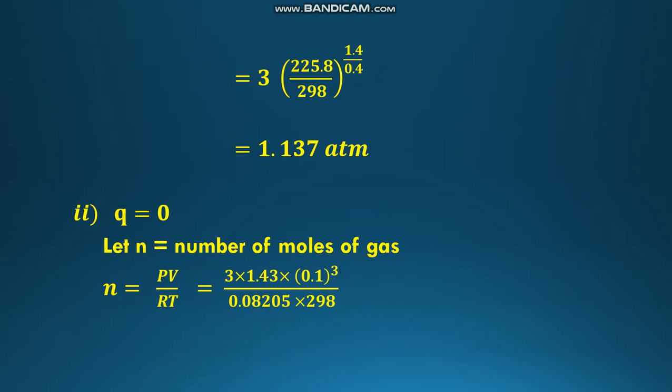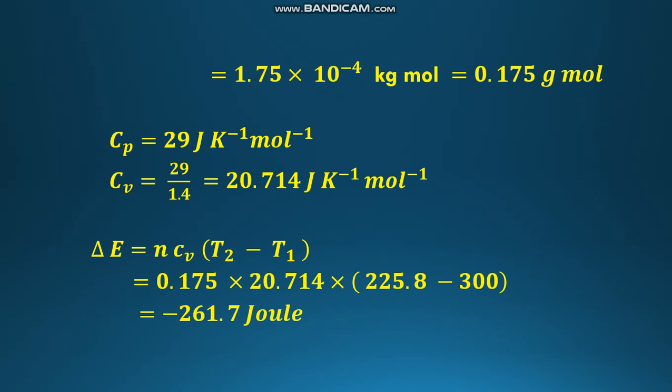Let n be the number of moles of gas, then n is equal to PV by RT, which is equal to 3 into 1.43 into 0.1 cube by 0.08205 into 298. Solving that, we get 1.75 into 10 power minus 4 kg mole or 0.175 gram mole.